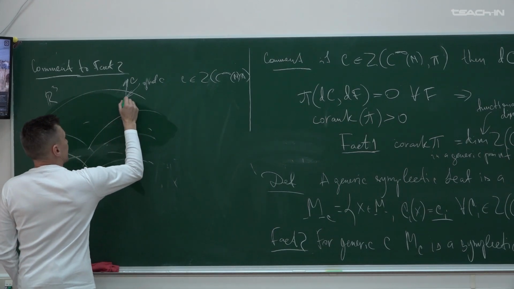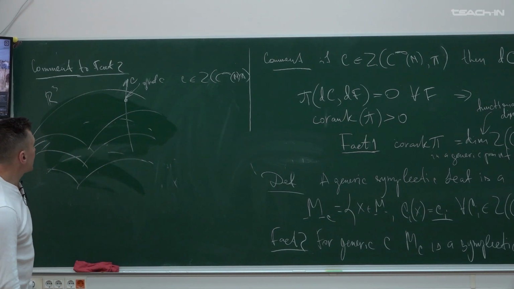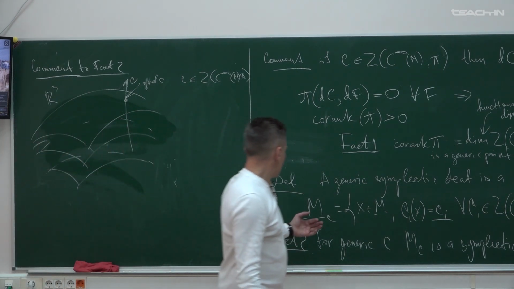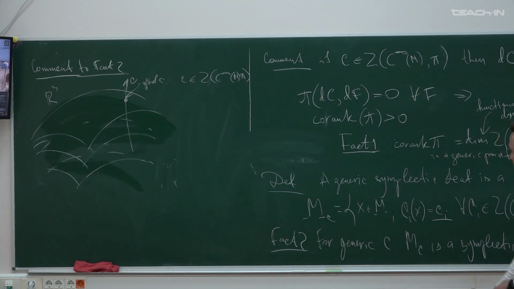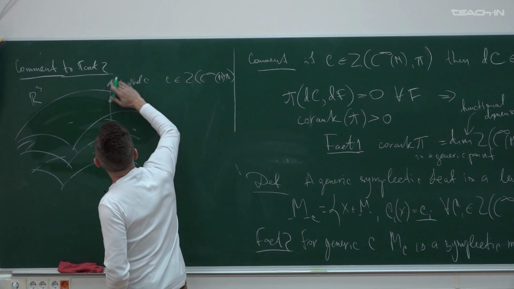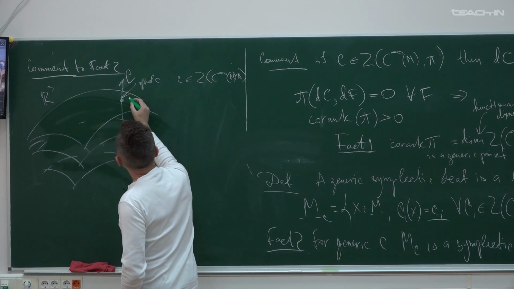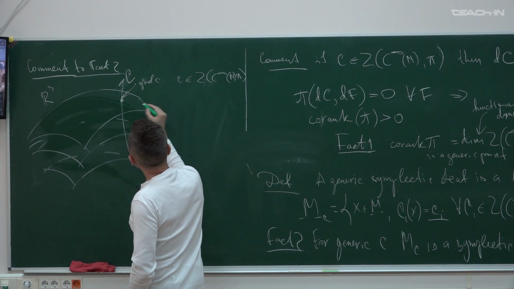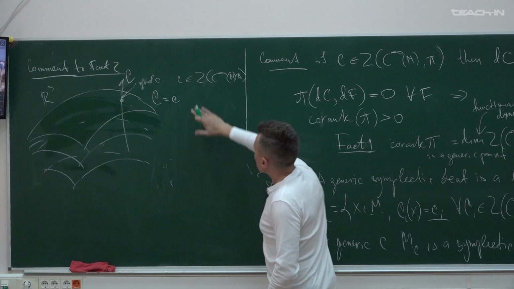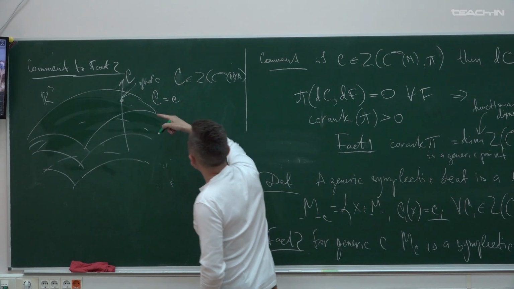And if we fix the value of the function C, we obtain a level set M_C. This level set is big C equals small c, which is a number.